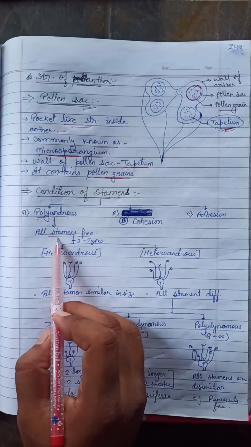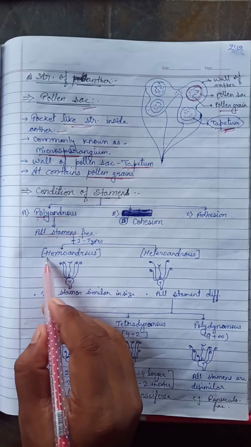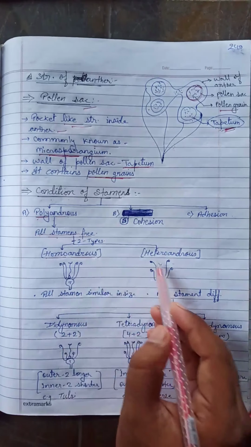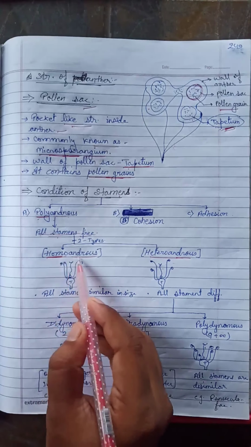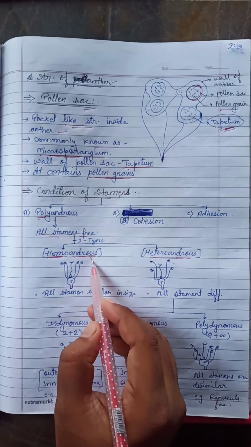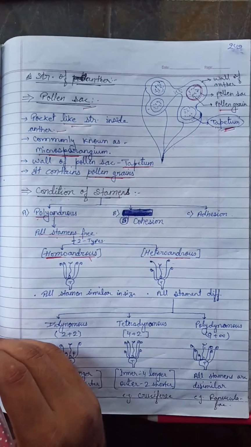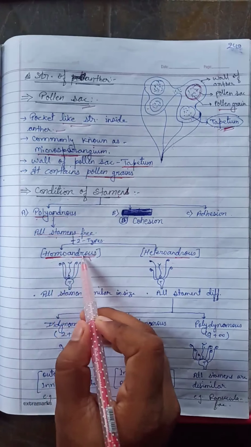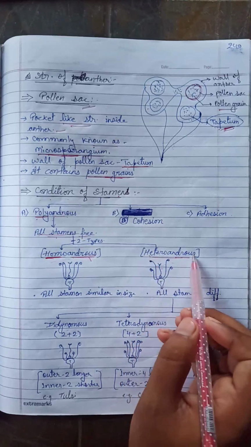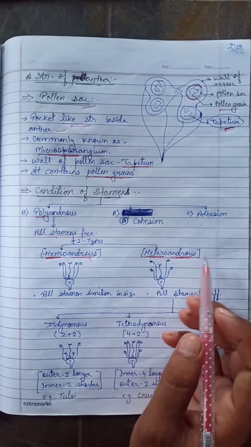And polyandrous is also divided into two types, that is homoandrous and heteroandrous. Homo means similar, androus means stamen, that means stamens of similar size are called homoandrous. Heteroandrous, hetero means different, and androus means stamen.